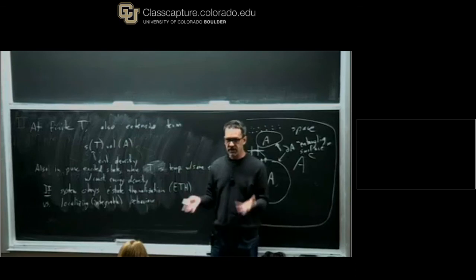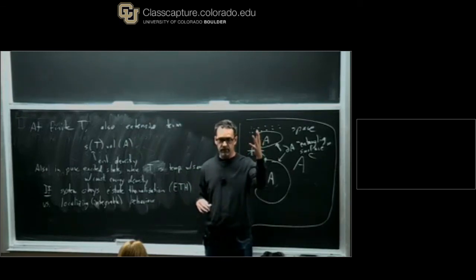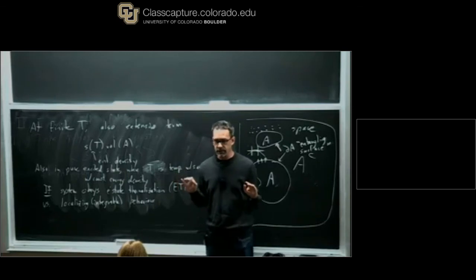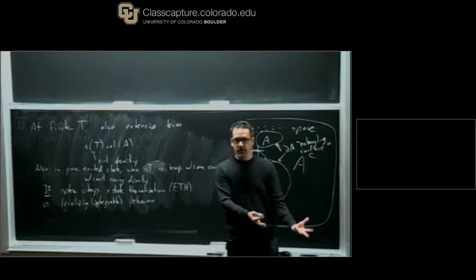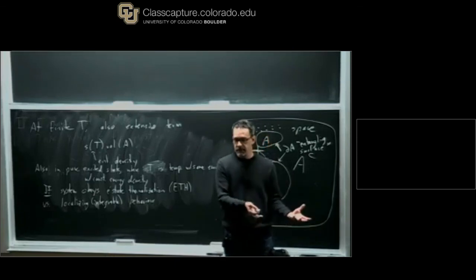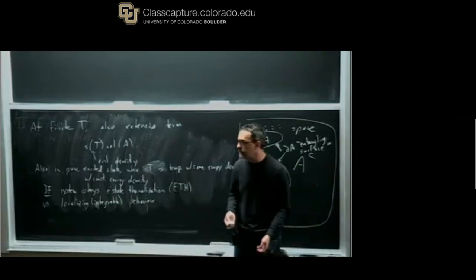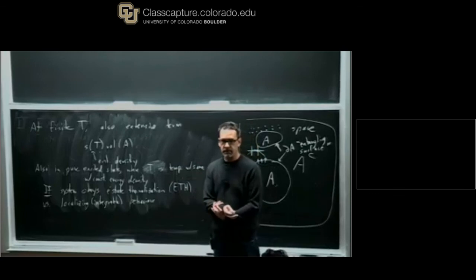Meaning for an arbitrary injection of energy, after enough time, it'll look like a thermal state. And so ETH predates entanglement entropy. It started out being a separate thing where you just want to know which systems satisfy ETH and which don't. ETH is a diagnostic of thermalization. And then it turns out that, in turn, entanglement entropy is a diagnostic of ETH.